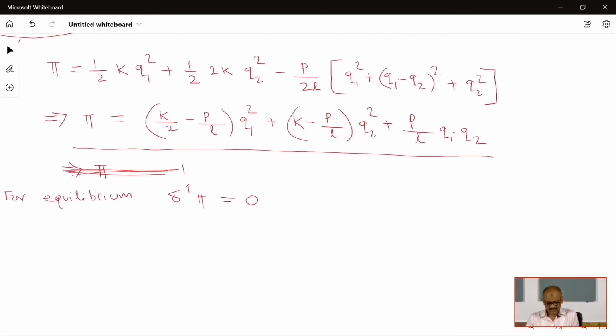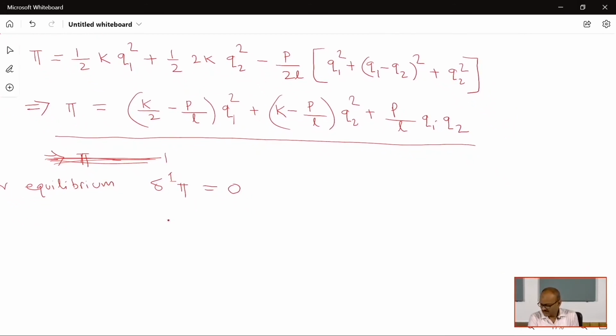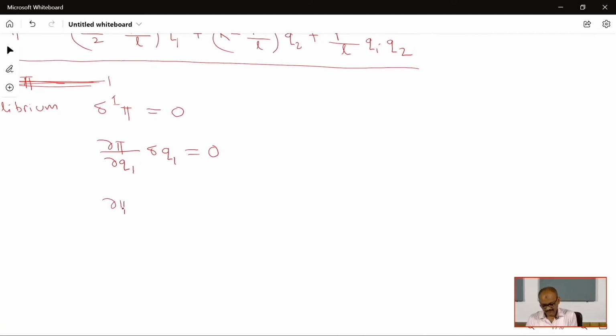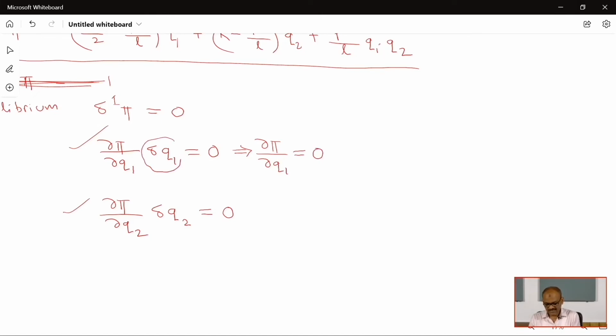The first variation of the total potential with respect to Q1, del pi by del Q1 into delta Q1, is equal to 0. And second, del pi by del Q2 into delta Q2 equals 0. This implies del pi by del Q1 is equal to 0, because delta Q1 cannot be 0.